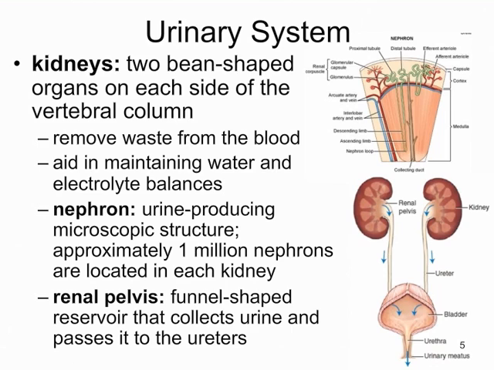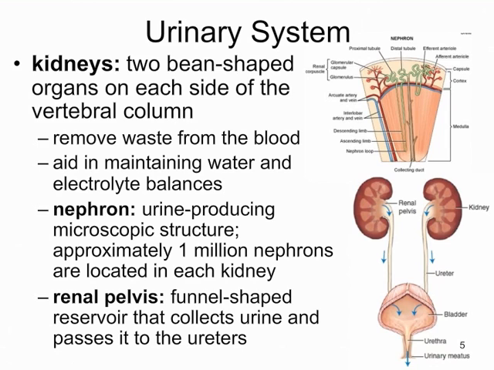There are over 1 million of these in each kidney. The picture on the top right is a zoomed-in example of what one nephron looks like and its little functional parts. I'm not going to expect you to know what all these are, but there will be some medical terms dealing with it in a little bit.